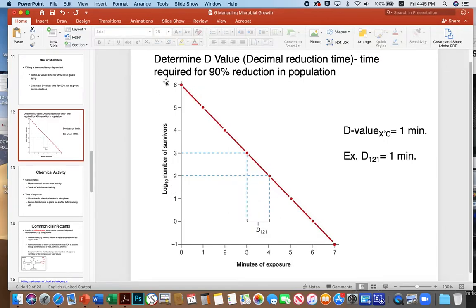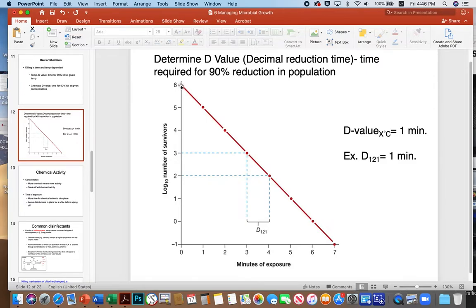And you heat the flask. You get it up to whatever temperature you want. In my example here, it's 121 degrees Celsius, which is pretty hot. You heat the flask to 121 degrees Celsius, and then you start taking samples from the flask. Your first sample before heating shows you that you have 1 million cells.